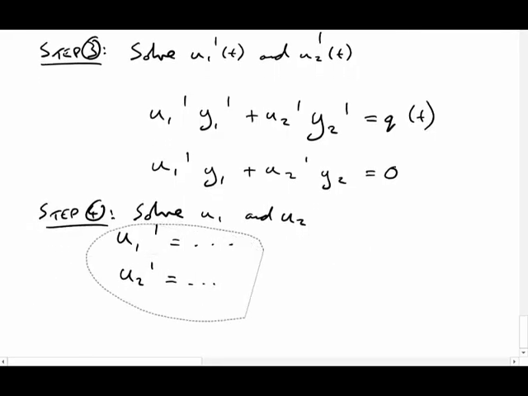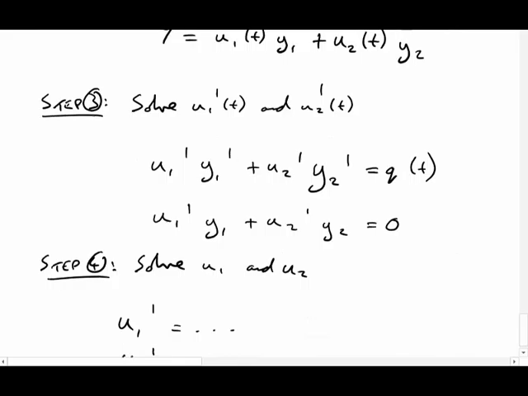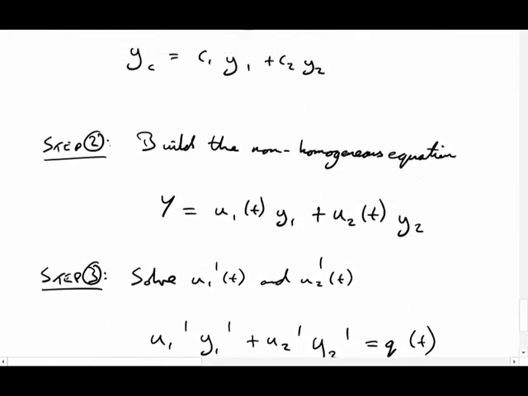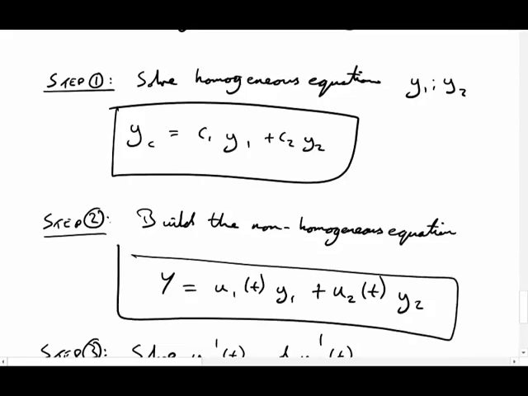In actual fact, they will follow very much the same kind of form. Remember, y1 and y2 are what you built your non-homogeneous solution from.